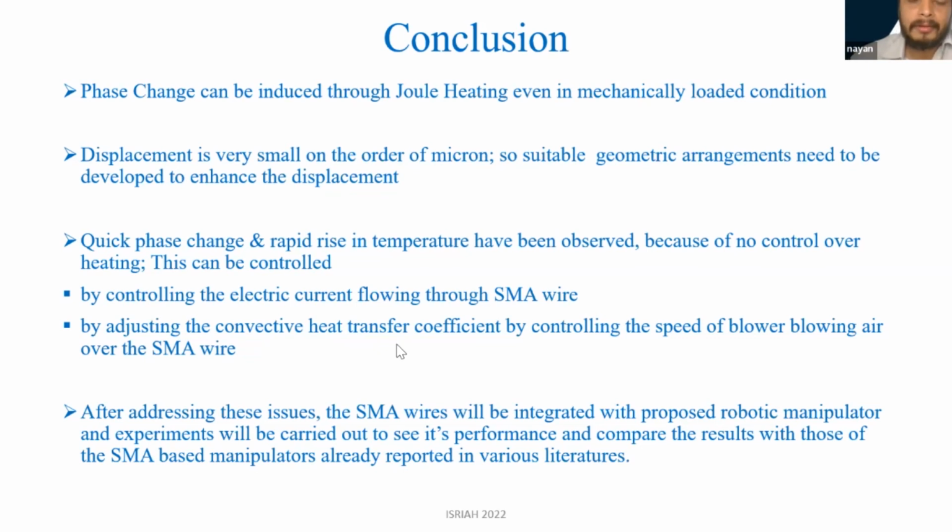I got that point, but it will defeat the purpose, right? Because the purpose is to build a lighter actuator. Yes. So maybe you can think of some other option later. Okay, that's all from my side.